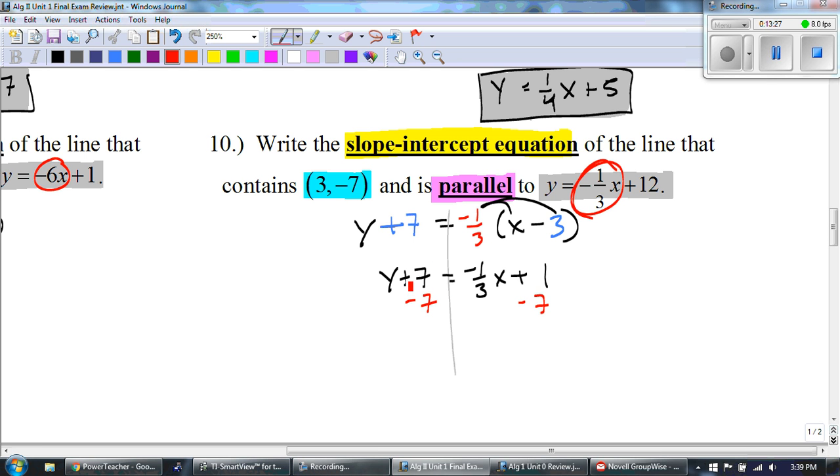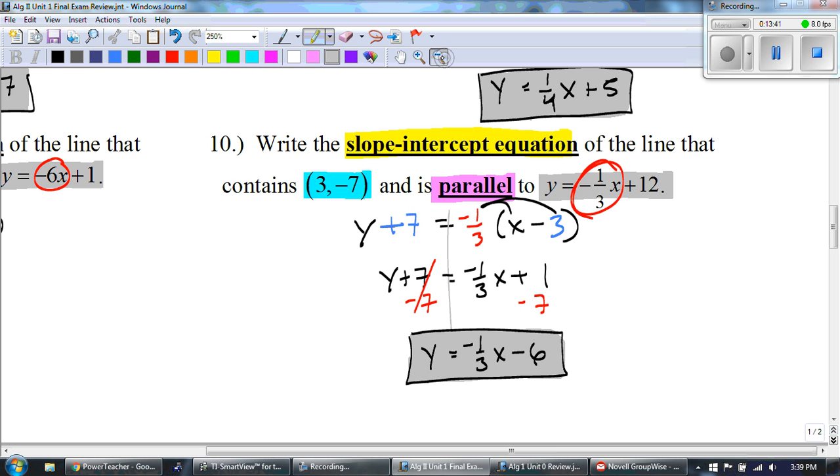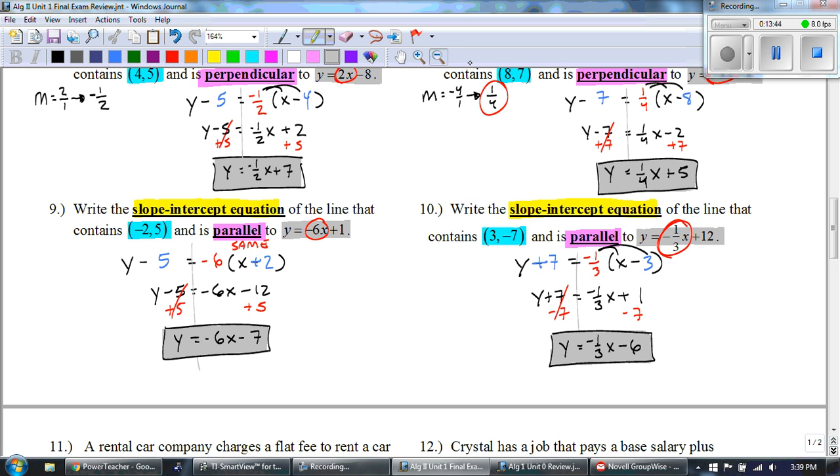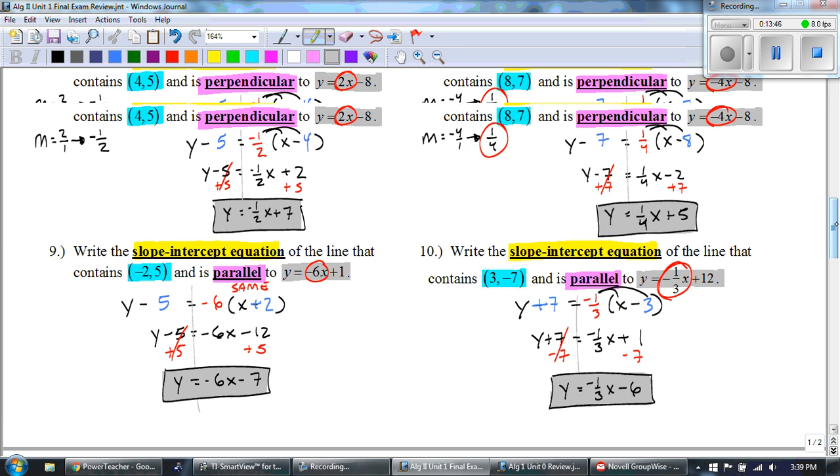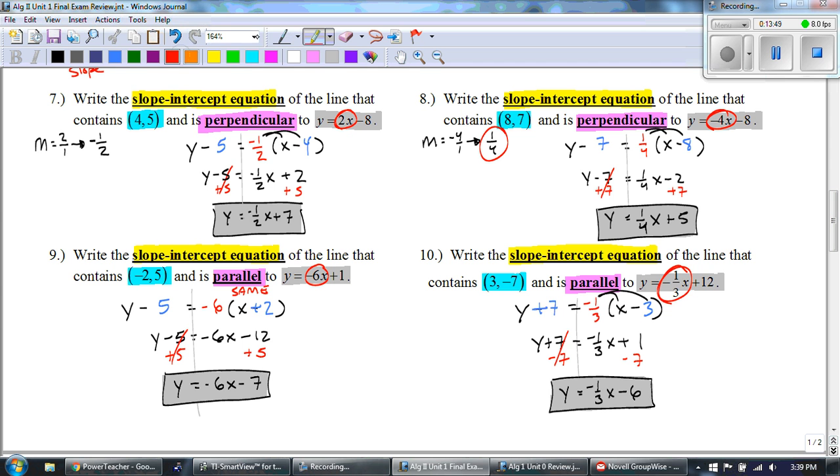And then we subtract 7 from both sides. So we get y equals -1/3 x minus 6. And that's it. Okay? So just remember that parallel means same, and then perpendicular is opposite and reciprocal.